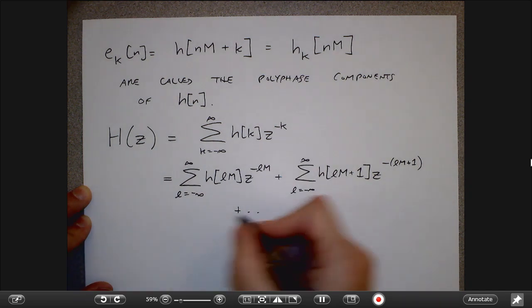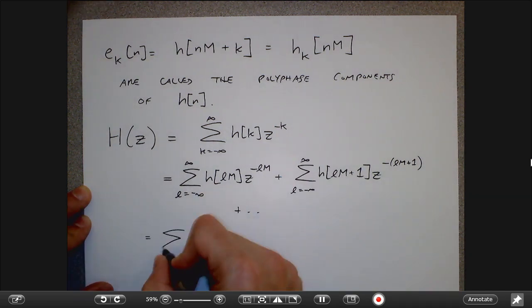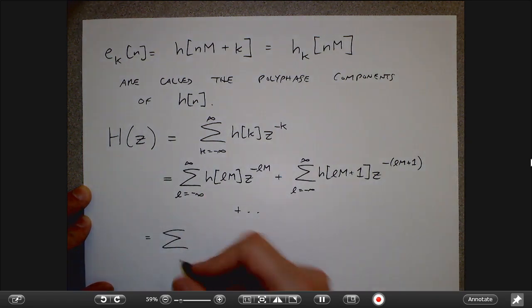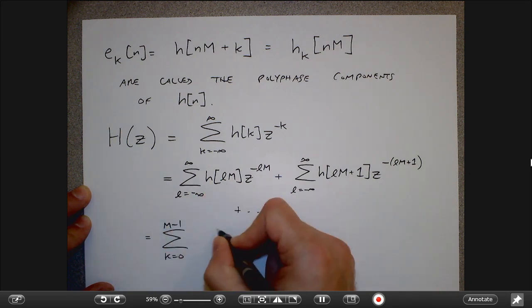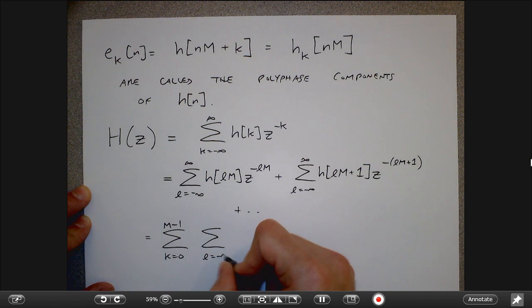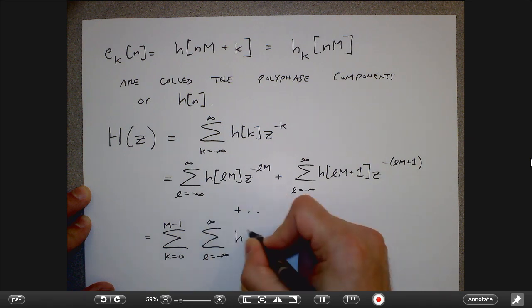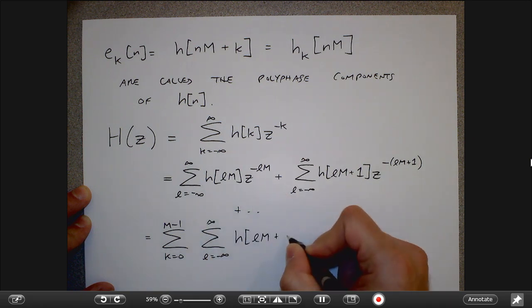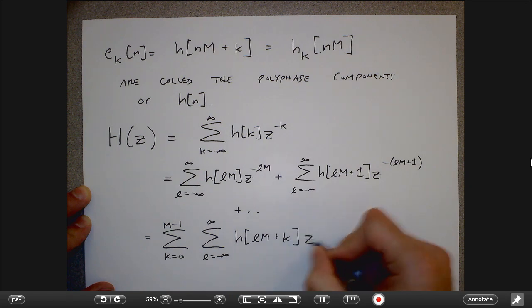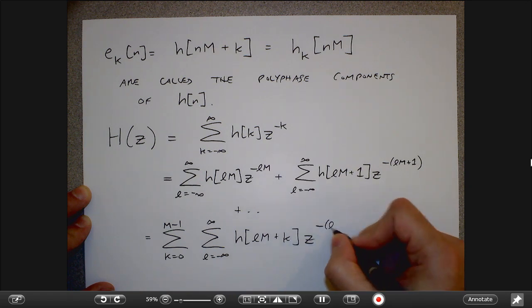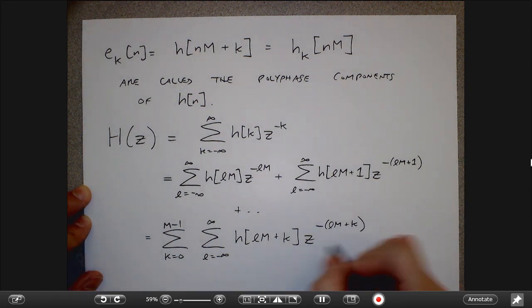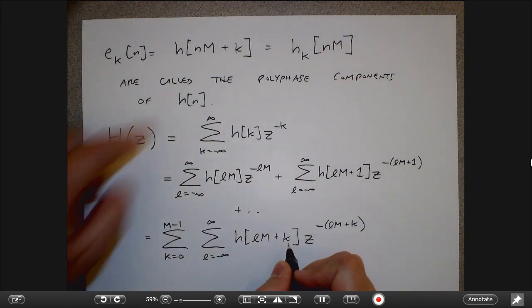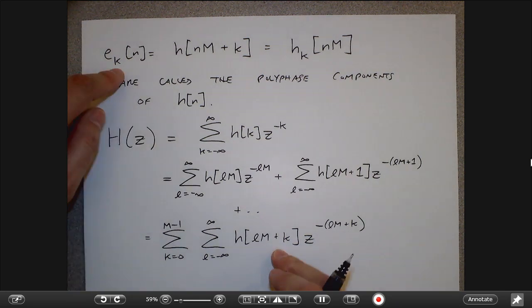And then I could say that I can write this. I have exactly capital M of these guys inside the sum. And each of these guys looks like a Z transform like this, where I have LM plus K, Z to the minus LM plus K. And I gave each of these guys a name, right? So this guy here is exactly the polyphase component.